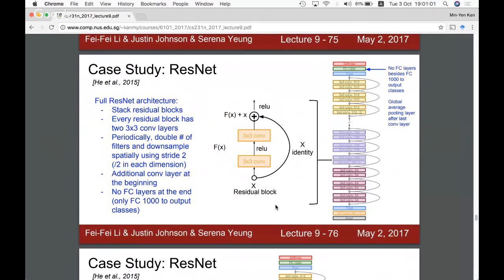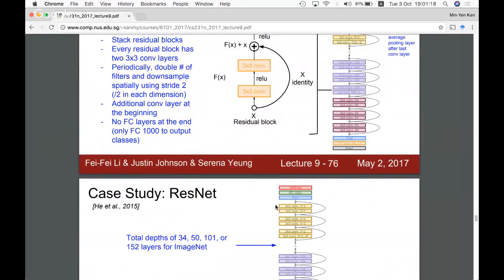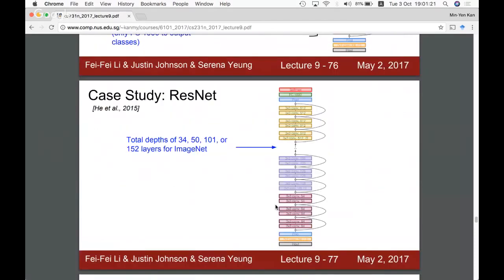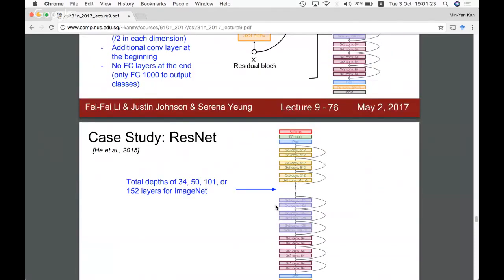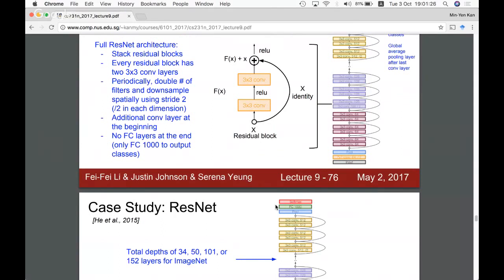I don't know what happens if there are more than 1000 outputs, like 1200 output classes, whether it is still fully connected or not. This is also one of my questions. In here they said there is no fully connected layer at the end, only a fully connected 1000 to output the classes, so what if it is more than 1000?